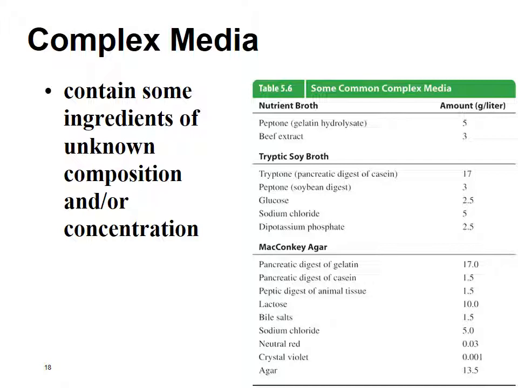So for example, the first one listed here, nutrient broth, is one that you'll be using in your prac classes, and it's also very widely used in microbiology labs. Complex media is also required because often the specific requirements of particular microorganisms are unknown, and thus a defined medium cannot be made.